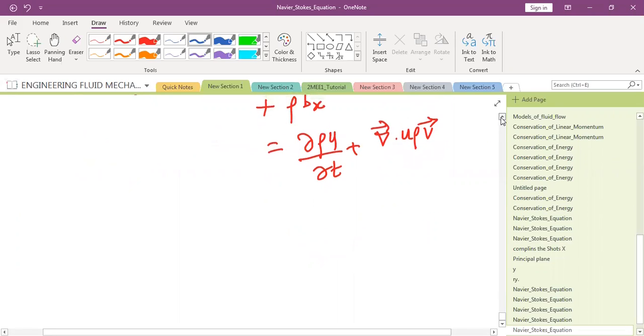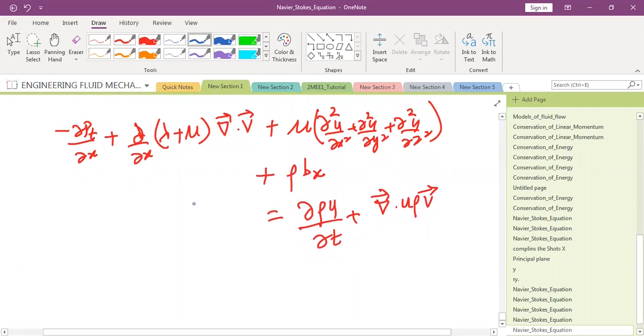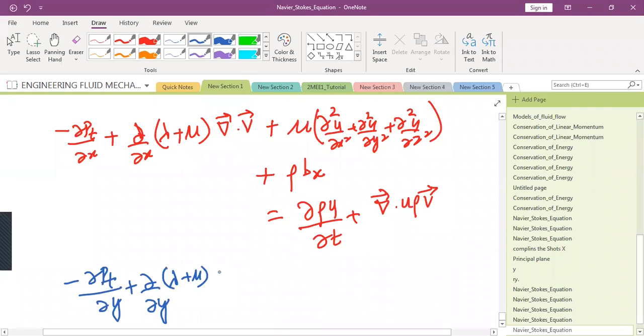It is very easy to remember this equation, because if you remember this equation, just putting other terms equal to zero is the entire fluid mechanics. Rho into minus del p by del y plus del by del y of lambda plus mu times del dot v. It is more appropriate to put it in brackets here.